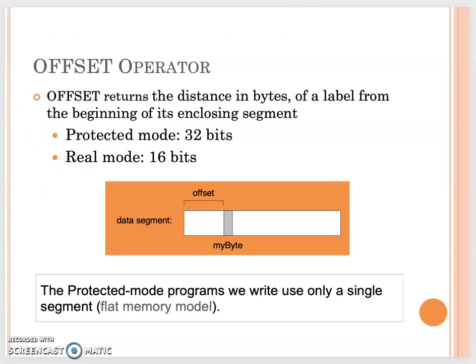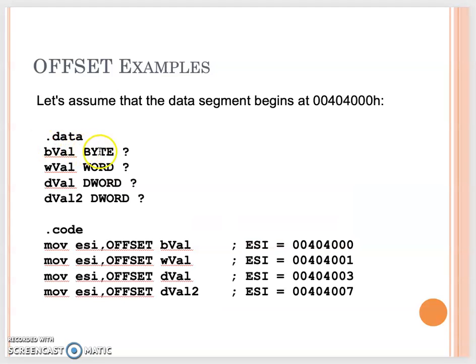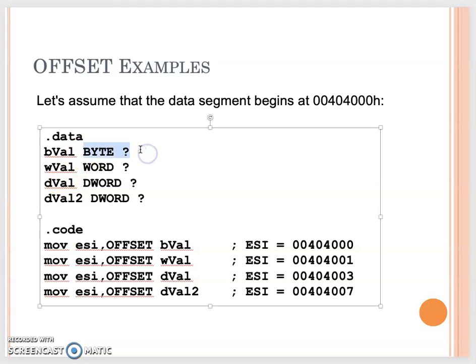So let's remind you what the offset is. The offset returns the distance in bytes from the segment. If you remember, we have multiple variables defined here: a byte variable, a word variable, and a dword variable. If we want to know their location, remember that when you just use the variable name, it will automatically dereference to access the value.